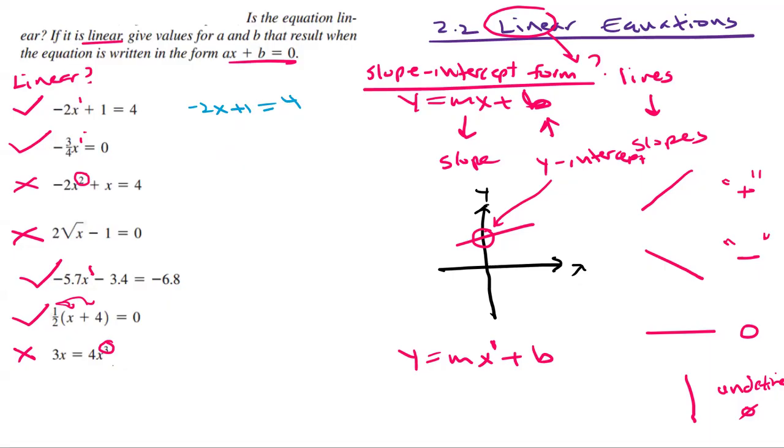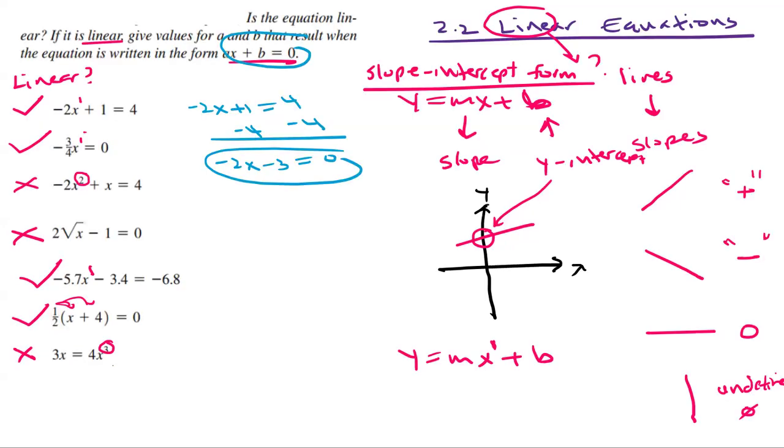I want to move everything to the left. So subtract 4 on both sides. We get negative 2x minus 3 equals 0. So now I have it in this form. And that's what they want. That's my answer there. So in this case, A is going to be negative 2 and B is equal to negative 3. Okay?